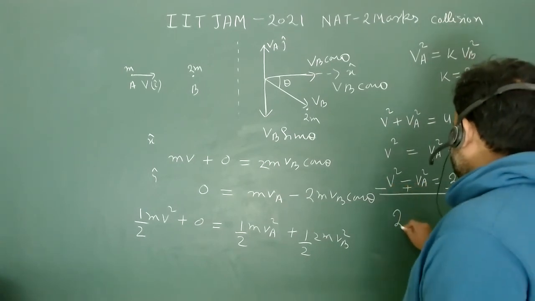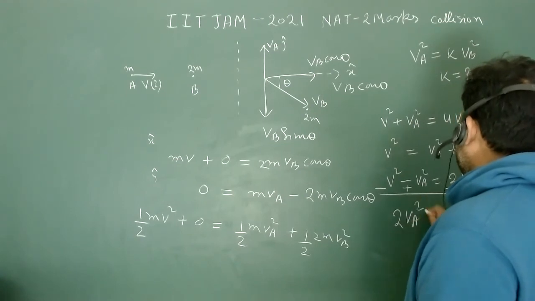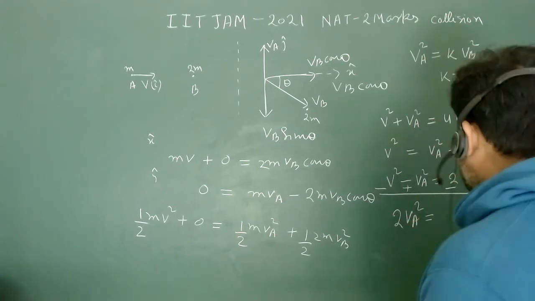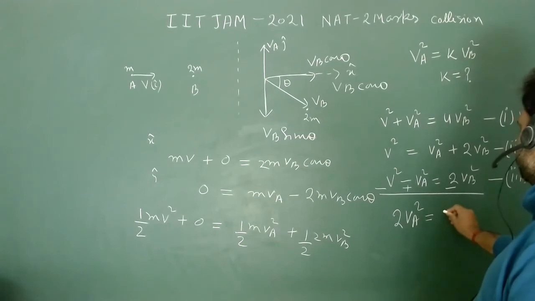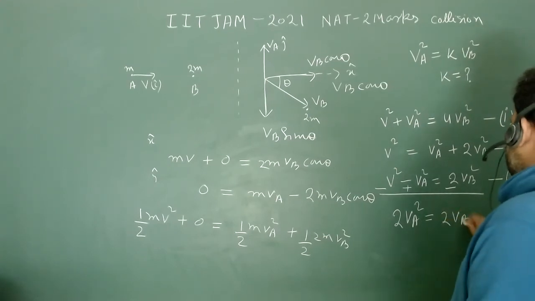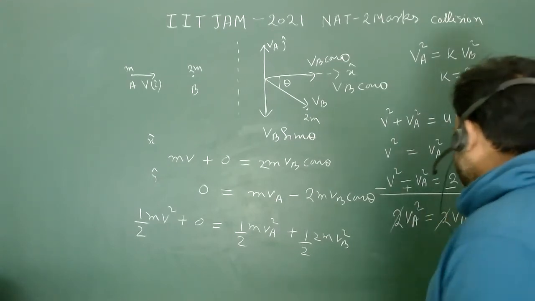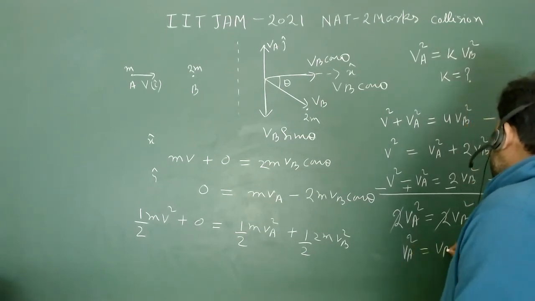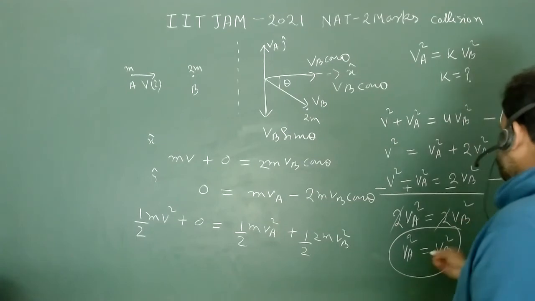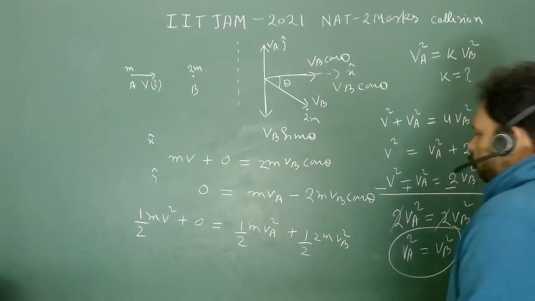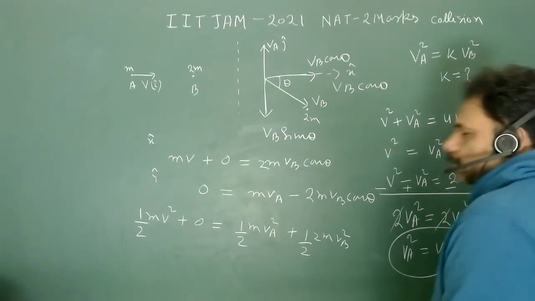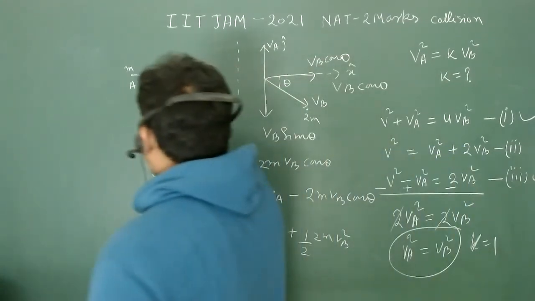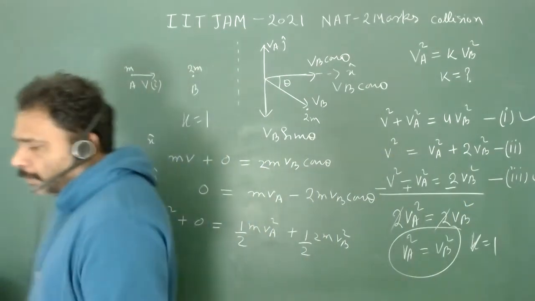So we have 2 times VA square is equal to 4 minus 2, which is again 2, times VB square. So this 2 will cancel out, and we have VA square is equal to VB square. So K is equal to 1.